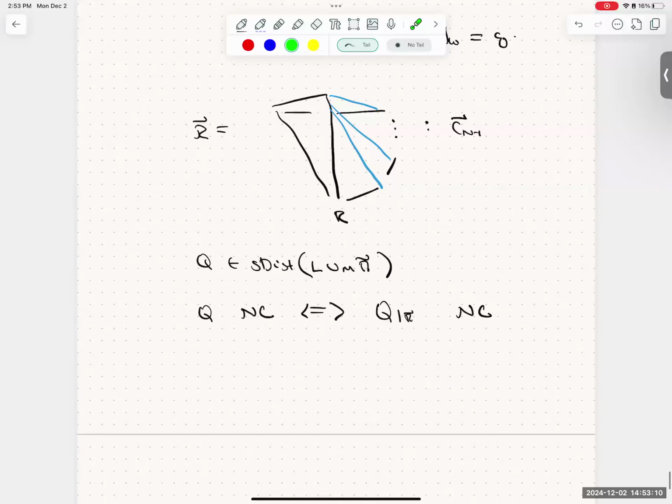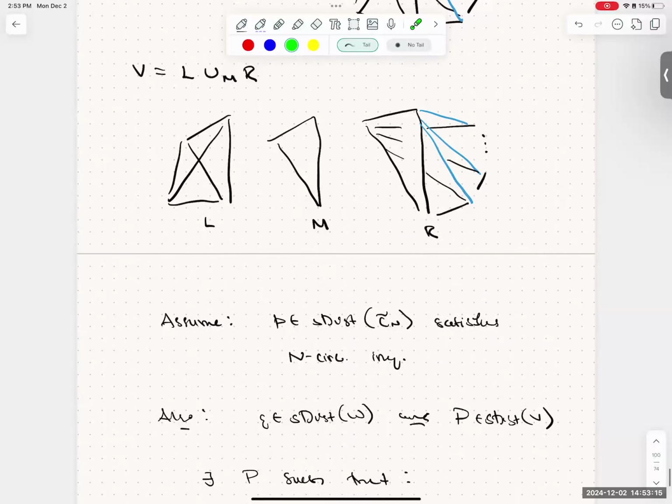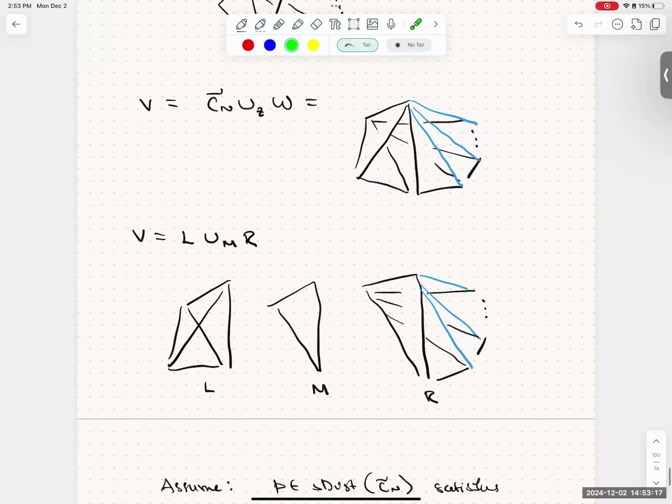So I have a distribution on L, M, and R tilde, like this picture right here, but without the bottoms filled in.